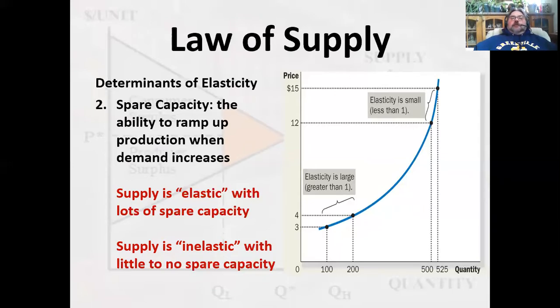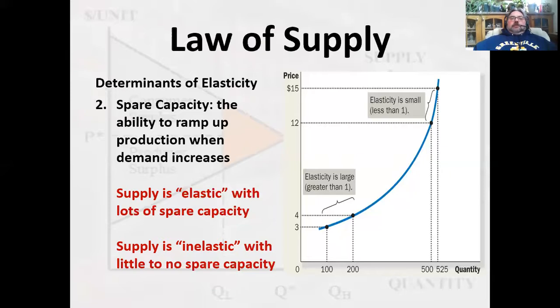So if there's a lot of spare capacity, if it's fairly easy to switch the machinery from producing one item to another, local distilleries, for example, some of them have switched from producing alcoholic beverage to using their distillation equipment to produce isopropyl alcohol for hand sanitizer.